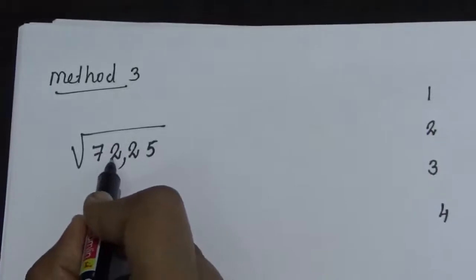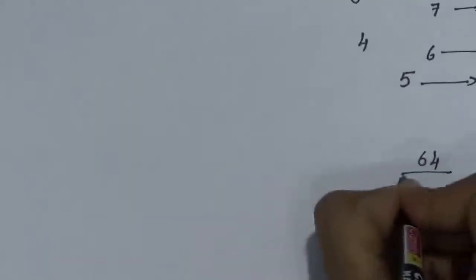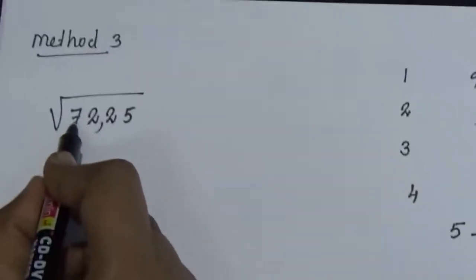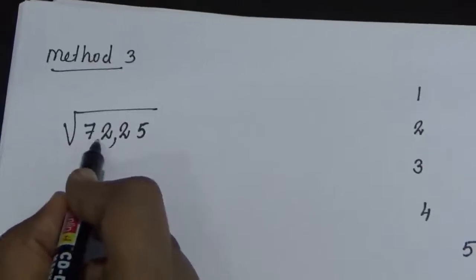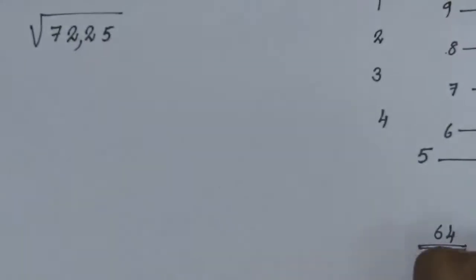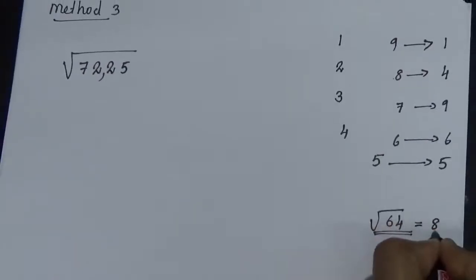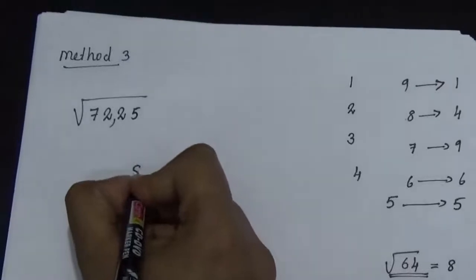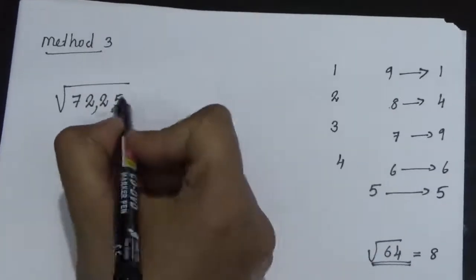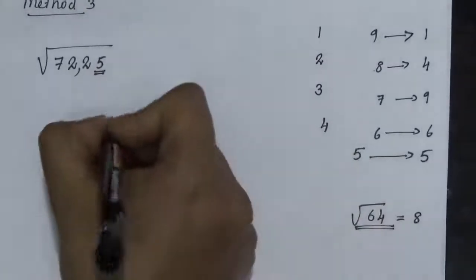It is 64, isn't it? 64 is the perfect square less than the first period 72. The square root of 64 is 8. So you write 8 here. Now look at the units place number. It is 5. So 5 corresponds to 5. So the answer is 85.